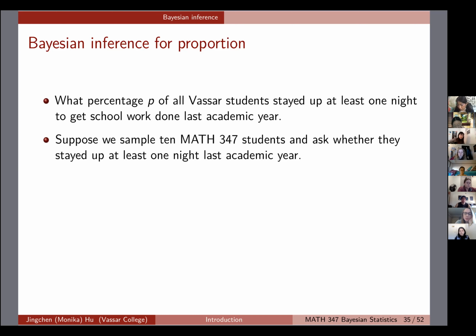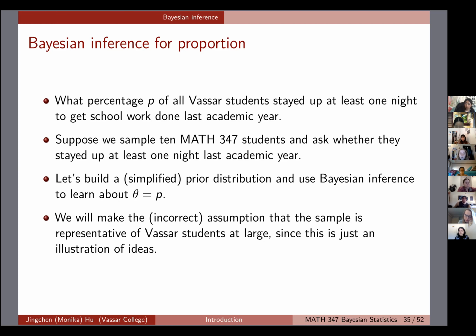So we're curious about this p of all Bayesian students who pulled an all-nighter last semester. We will use our class as a kind of joint wisdom, so that we have hopefully an educated guess of the percentage p as the prior before we do any kind of analysis.